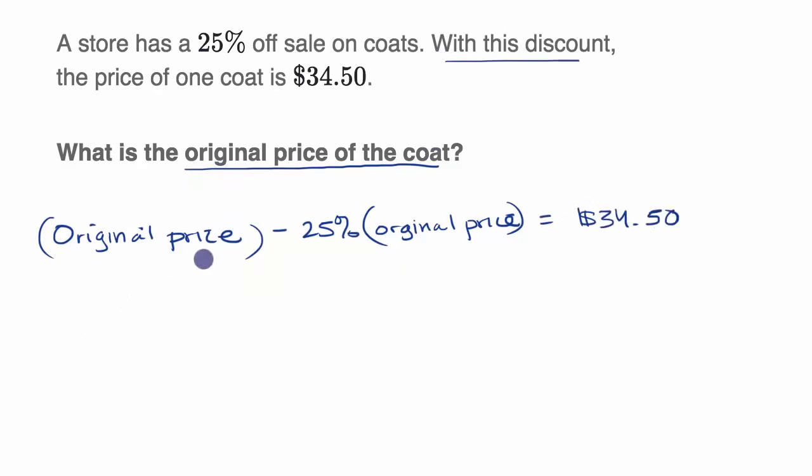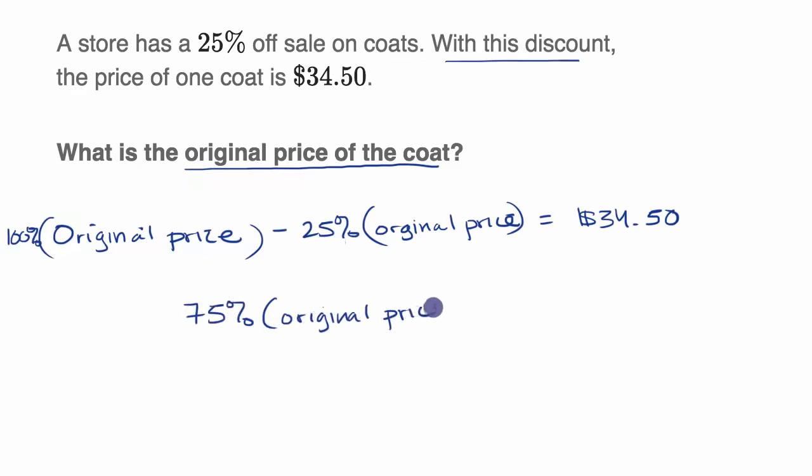So can we solve for the original price? So one way to think about it, this is 100% of the original price, or 1 times the original price, minus 25% of the original price is going to be equal to this. Well, 100% minus 25% of something is going to be 75% of our original price.